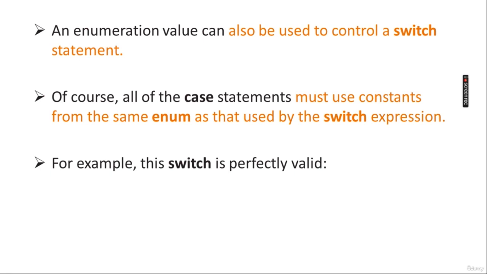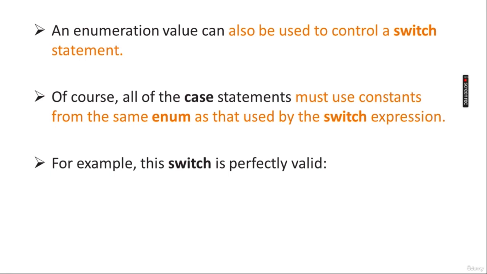An enumeration value can also be used to control a switch statement. You can use those constants in a switch, and all of the case statements must use constants from the same enum as that used by the switch expression. For example, in your Apple you have constants like Jonathan, GoldenDel and so on.